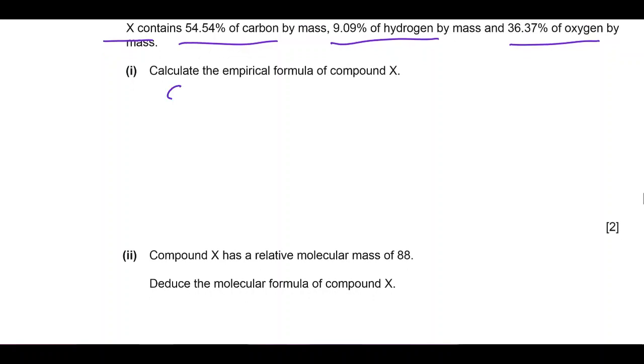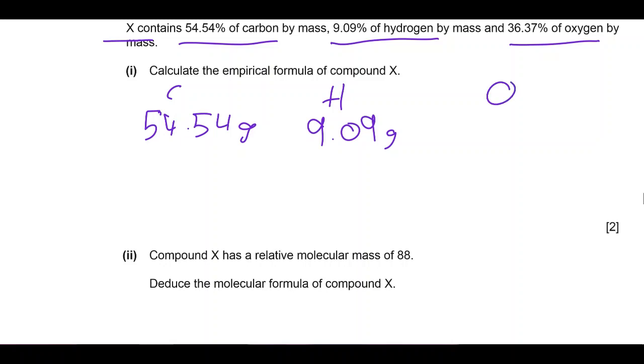So carbon is 54.54. Convert all these percentages into grams, just write the grams. Here you have hydrogen, it's 9.09 gram, and oxygen 36.37 gram.